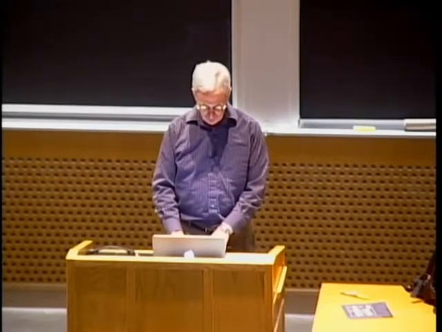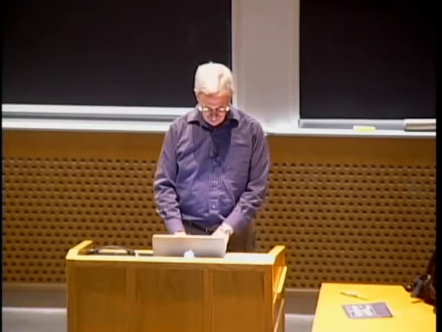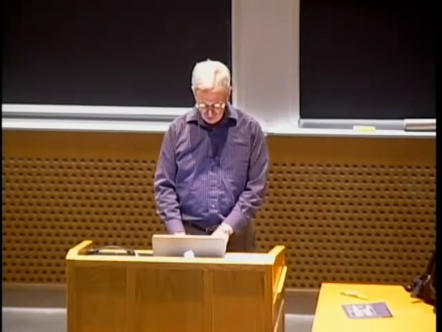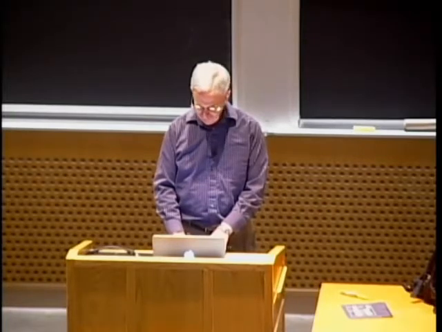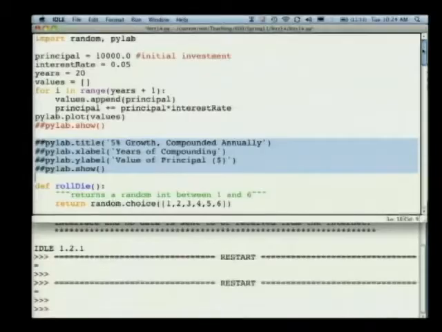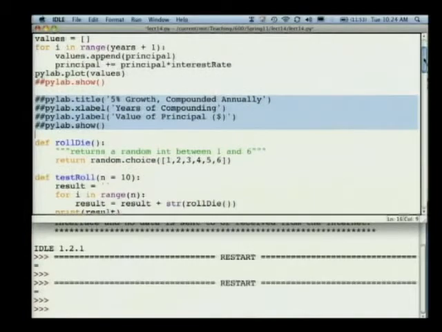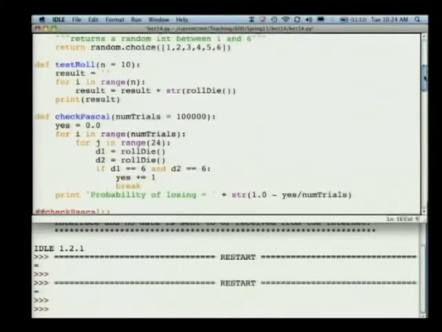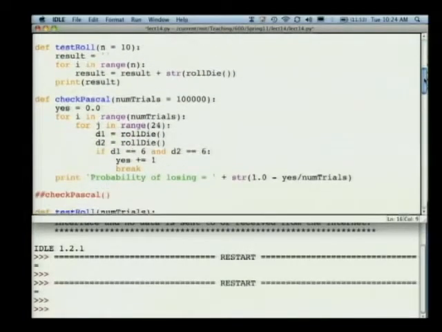All right. As much as I trust probability theory, I don't trust my ability to use it. So what I did is write a little simulation to see if Pascal was right.